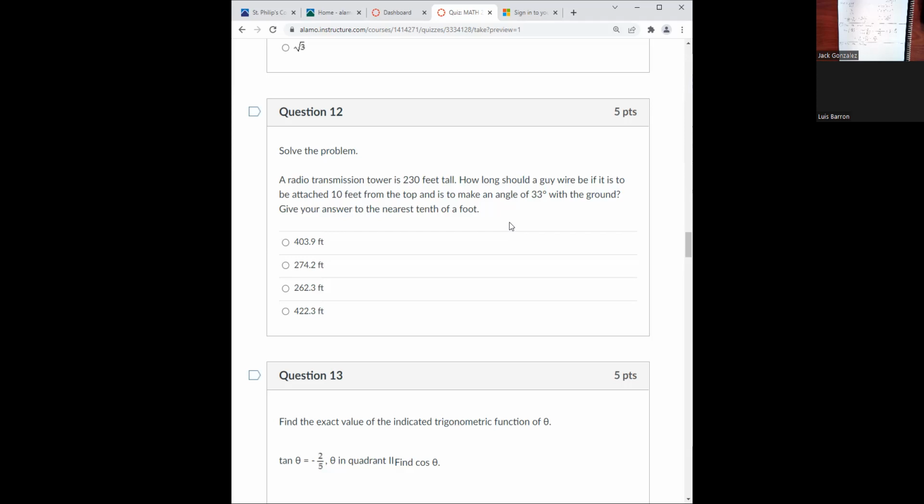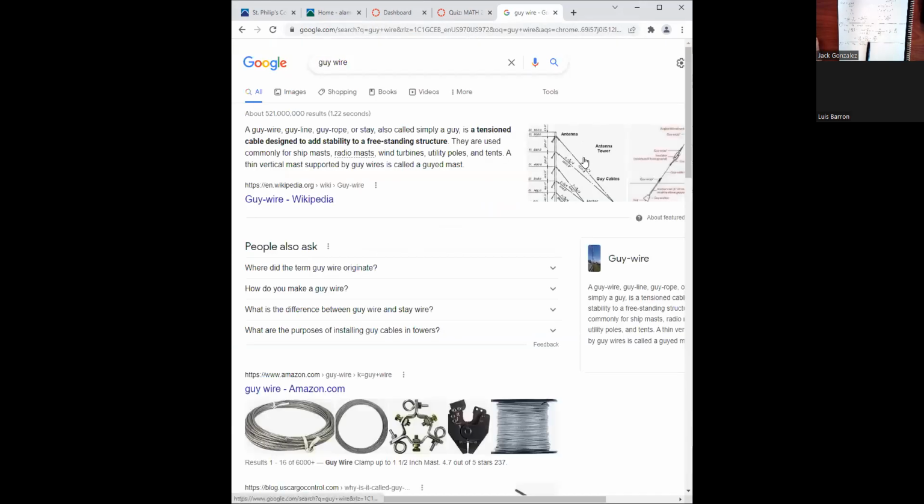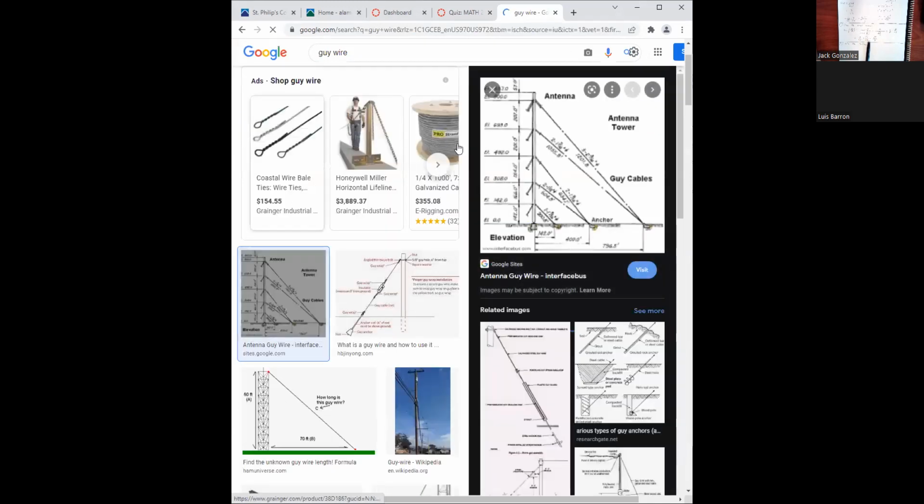Okay. First of all, do you know what a guy wire is? Kind of helps, right? I need to draw something. Here's a tower or an antenna.